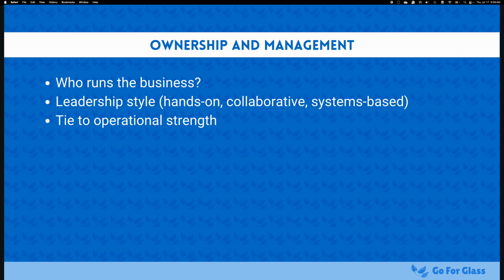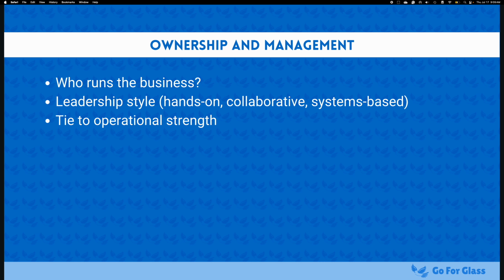For ownership and management, the biggest question here is who's in charge and what's their leadership style. Are there hands-on collaborative systems? If we're trying this for operational strengths, we're generally going to be discussing how team agility works. Once again, this will generally tie back to kind of a mix of your founding and your overall operational style.